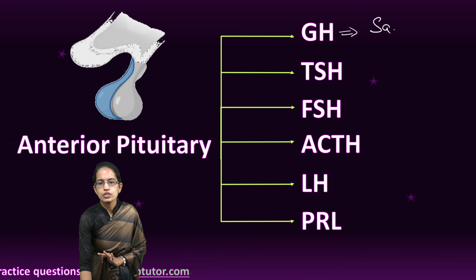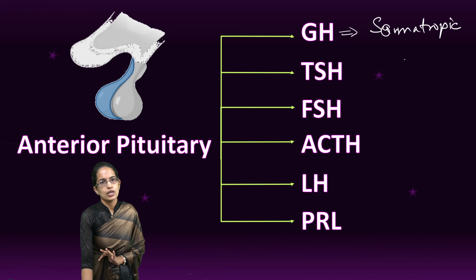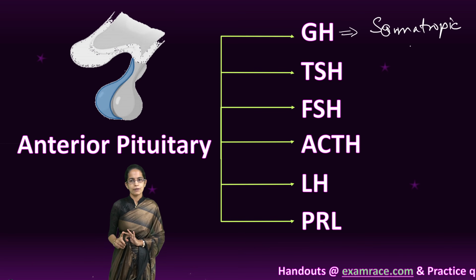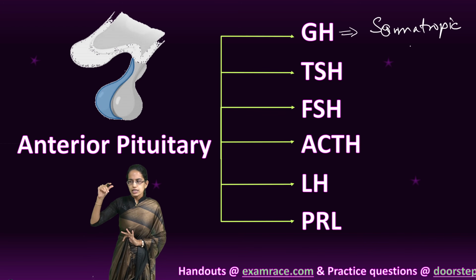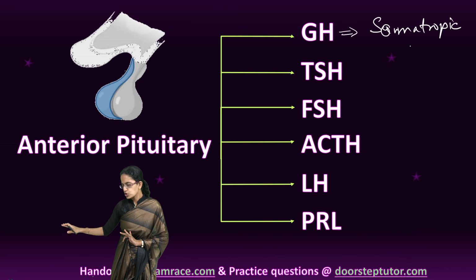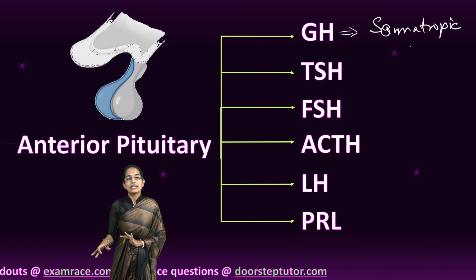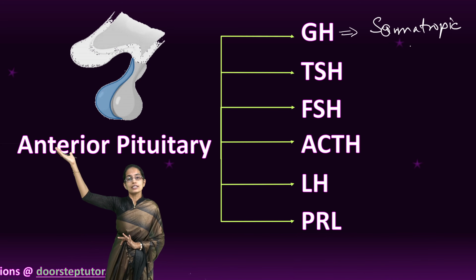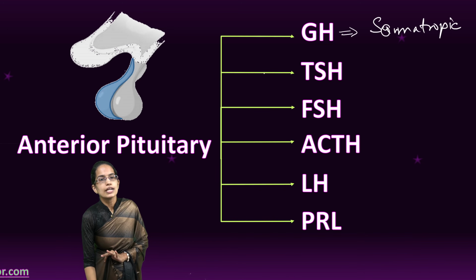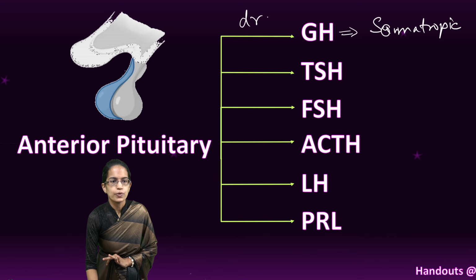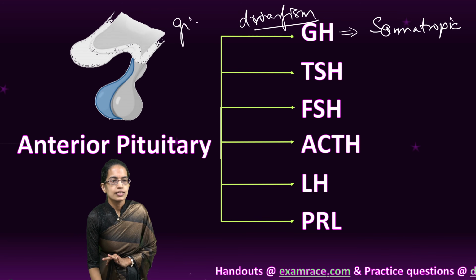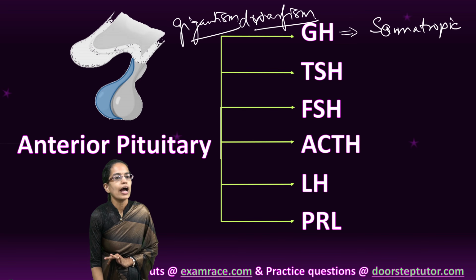This growth hormone is also known as somatotropic hormone. Somatotropic hormone is responsible for growth in the body. If it is in hyposecretion, it can lead to dwarfism, small people. If it is in hypersecretion, it can lead to gigantism, that is huge people. So that is the growth hormone, dwarfism due to hyposecretion and gigantism due to hypersecretion.